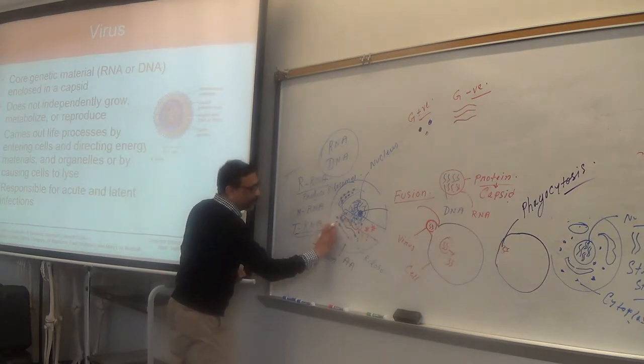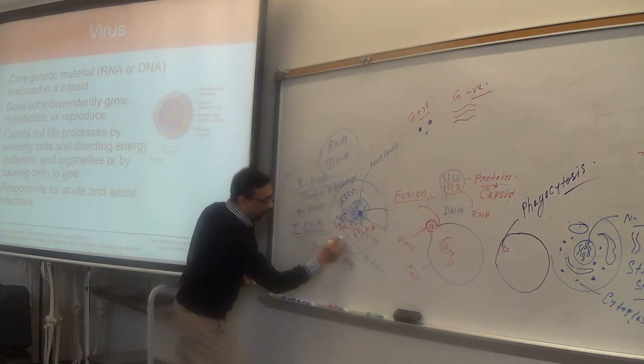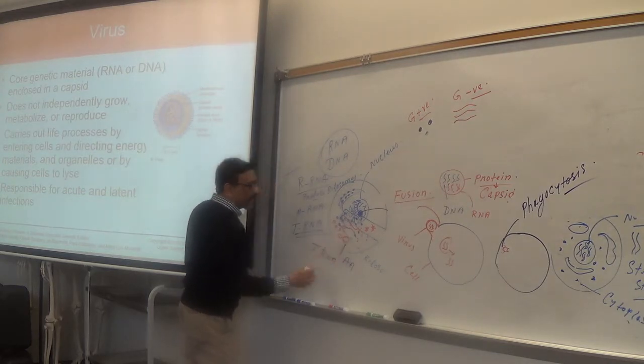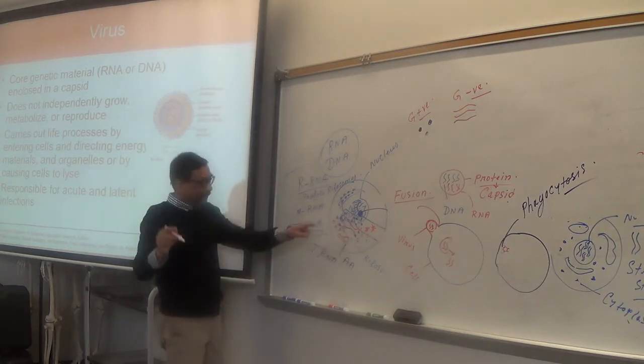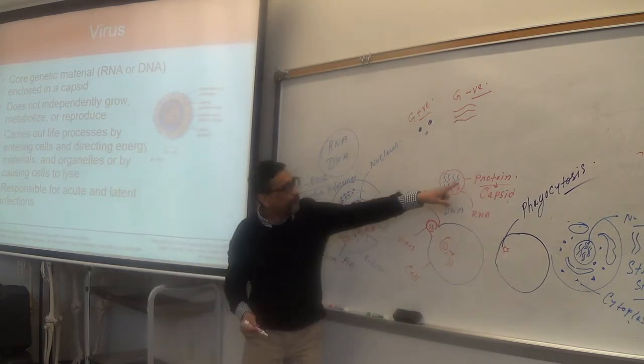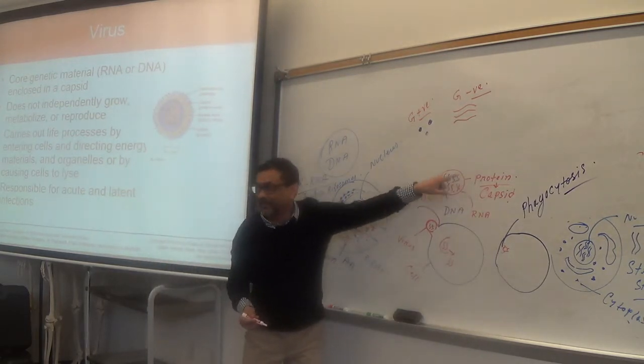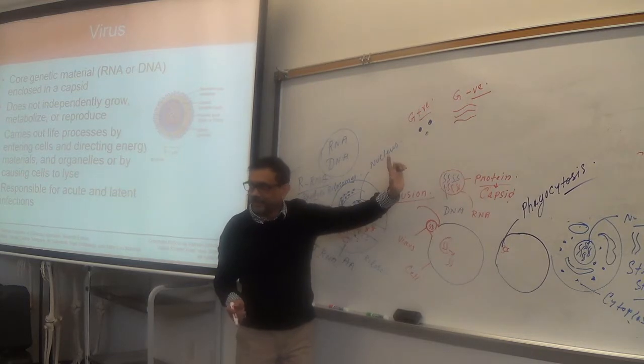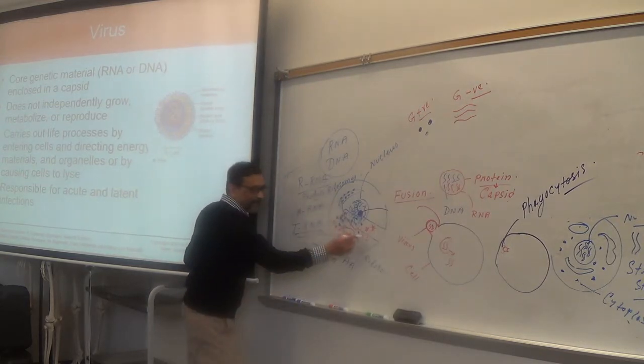So now these ribosomes will make proteins like this that will form the capsid. And that is number one. The protein will form the protein of the virus, that means the covering of the virus. Now you see what happens next.